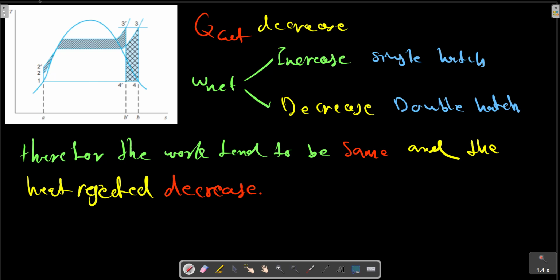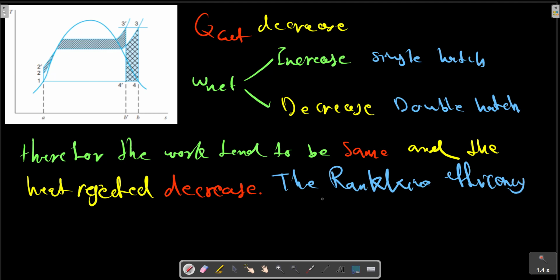The work tends to be the same, and hence the Rankine efficiency increases, and the heat rejected decreases.